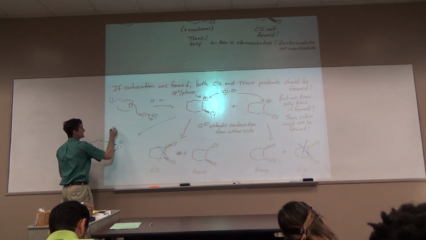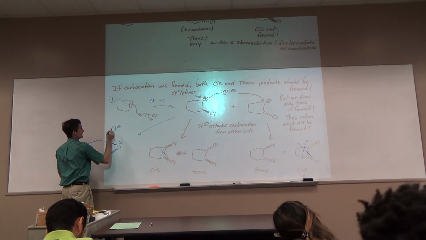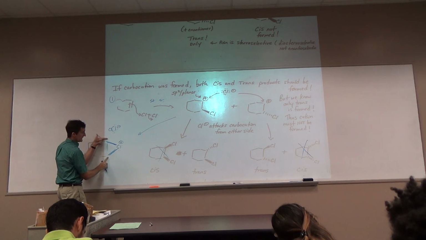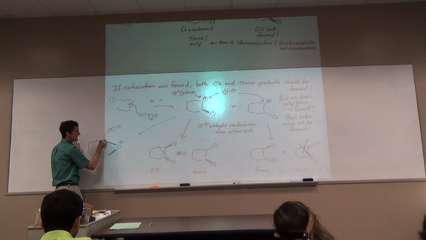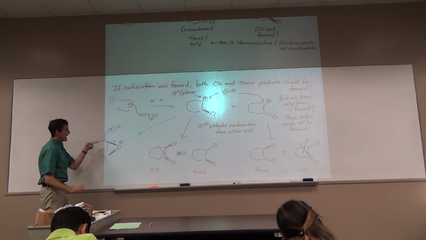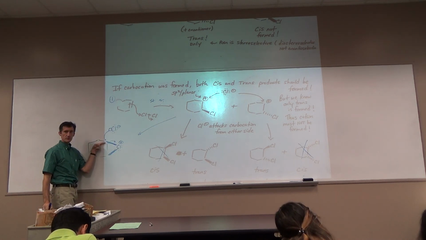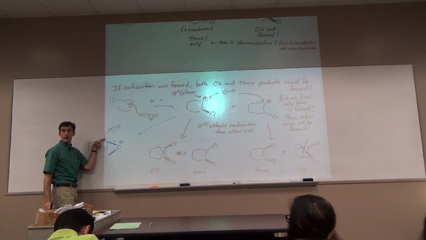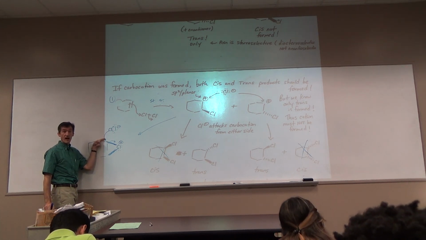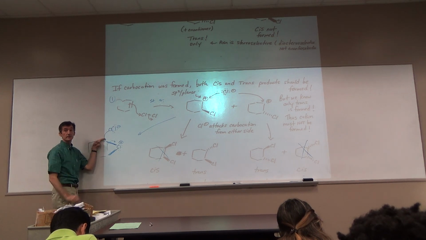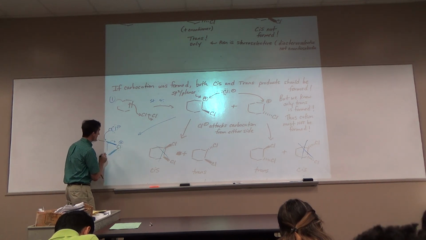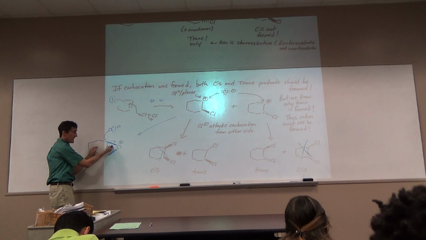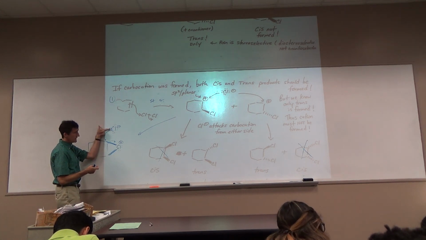Then the chloride comes in. You can attack either one. But if it attacks up here, it's coming in and kicking this off. And when you come in and kick something off, how do you come in? Backside. Only. Opposite side. We said that earlier. It's also on the yellow page. We're not attacking a cation. When you come in and kick off a leaving group, it's always backside. That means if this bonds forward, this comes in from the back.